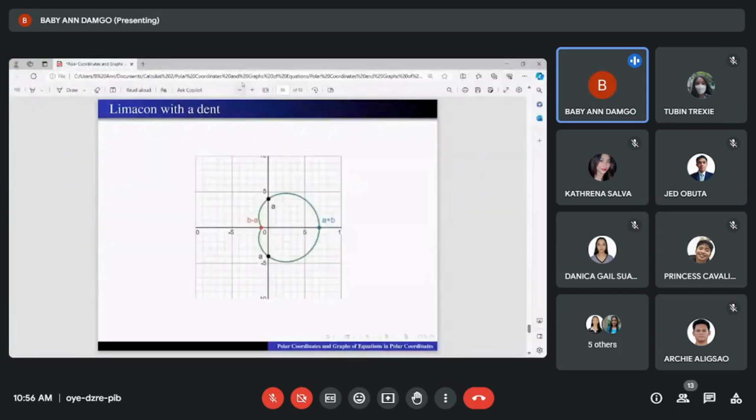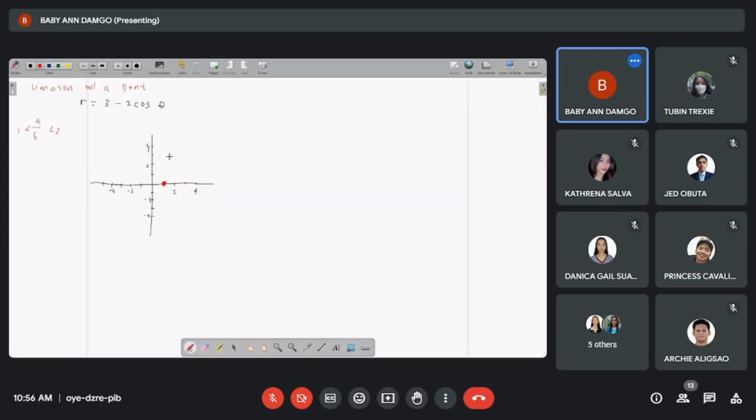Okay, so we have B minus A. Since we have a cosine, it is symmetric to the polar axis. And then our B here is negative, so naa siya dire nga side. So we have 2 minus 3, so we have a 1. Okay, and then we have A plus B, so 3 plus 2, so we have 5.